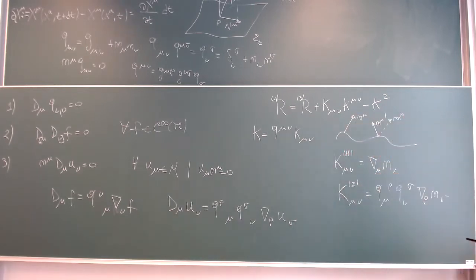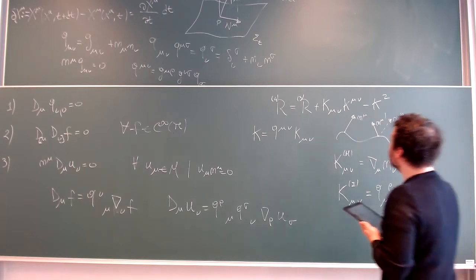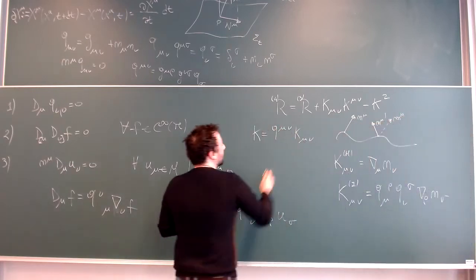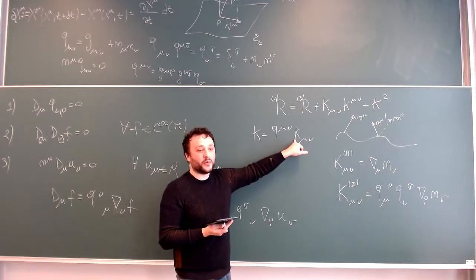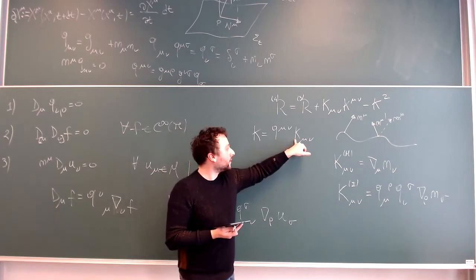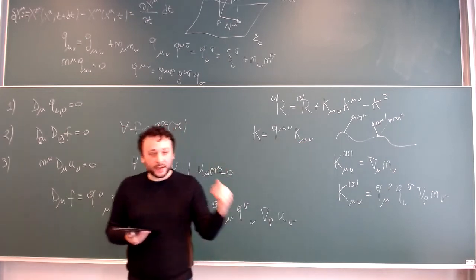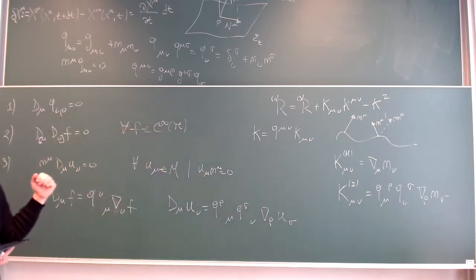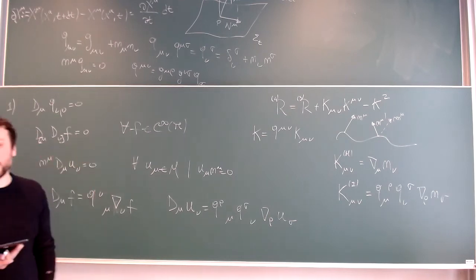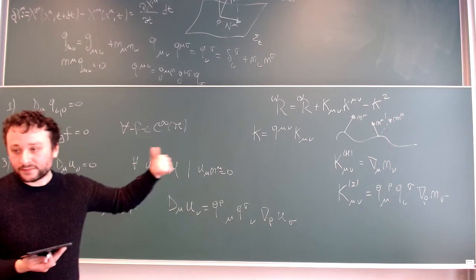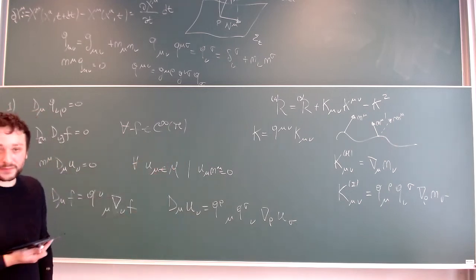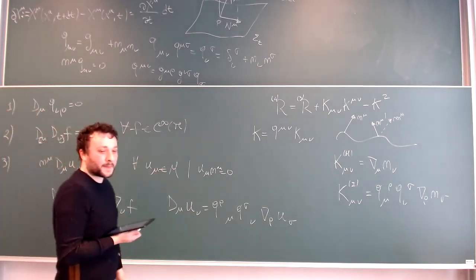The tensor K mu nu, for example, if we want to pull it back to sigma, becomes basically K ab, where a and b are just in the new coordinates x^a.